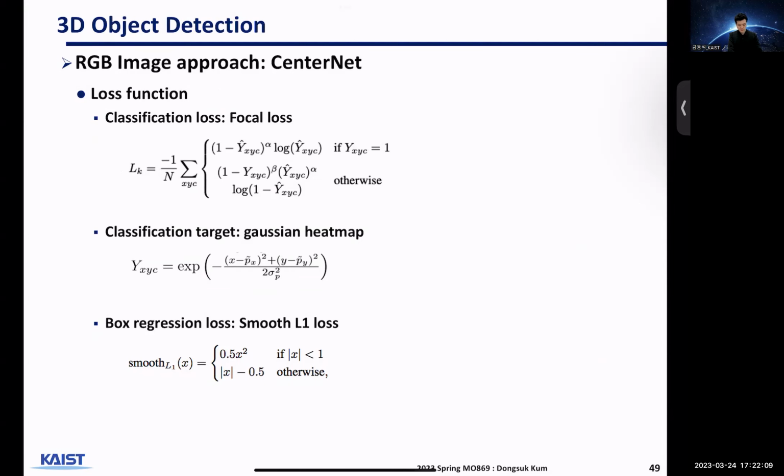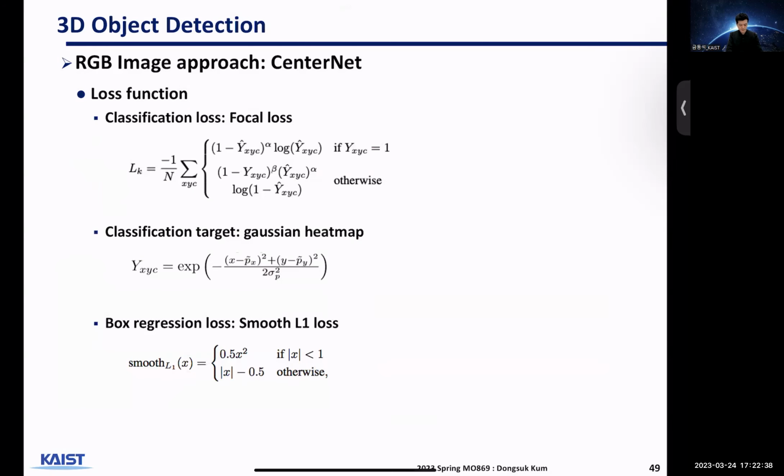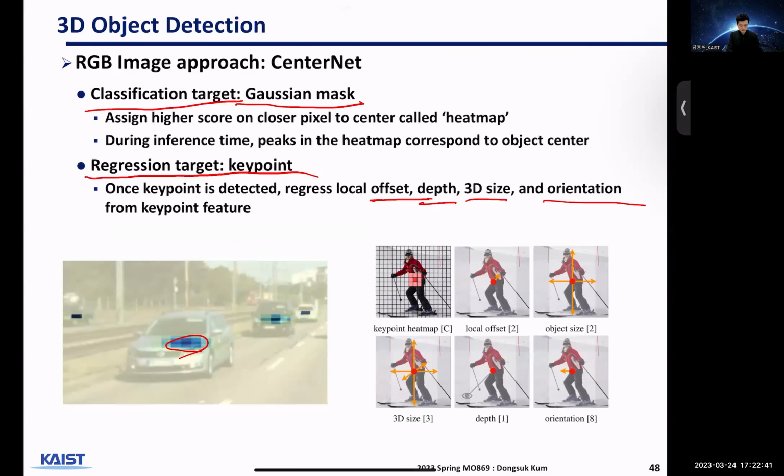So here we are summarizing the loss function. It's very similar to standard 3D object detection loss functions. The difference is that, like I said, there's this key point or center point, and that is done by classification, and then we need to regress these values.